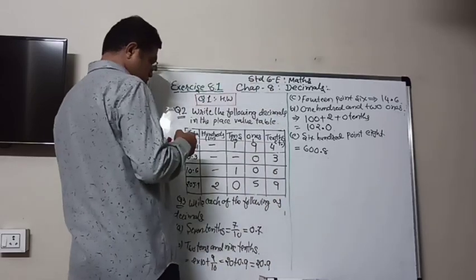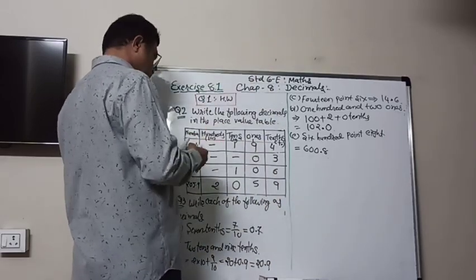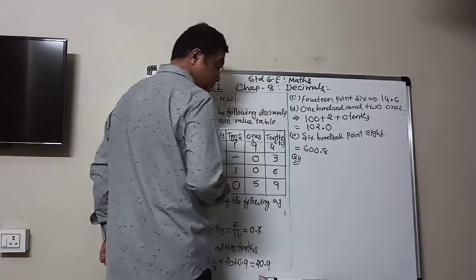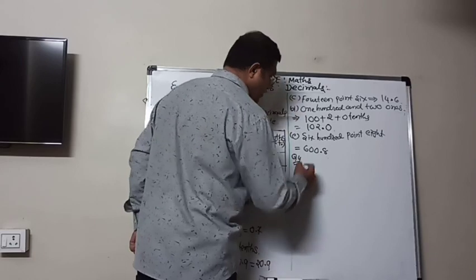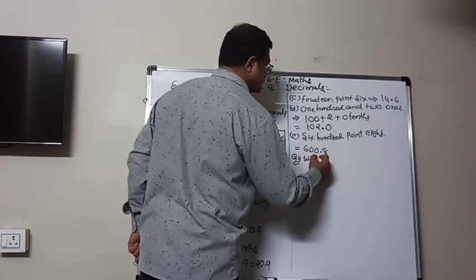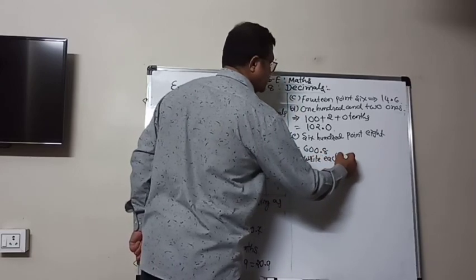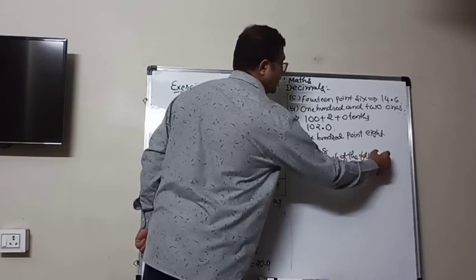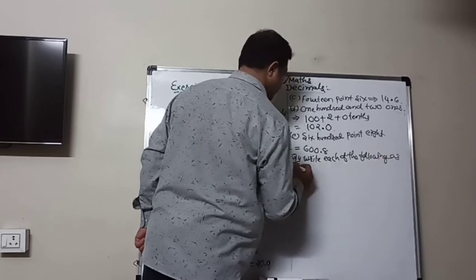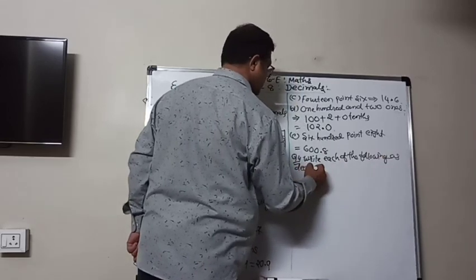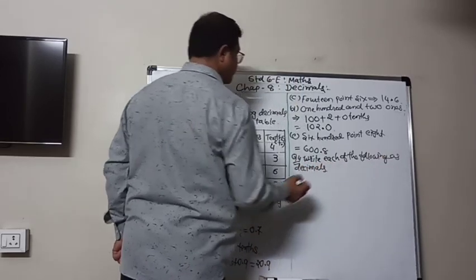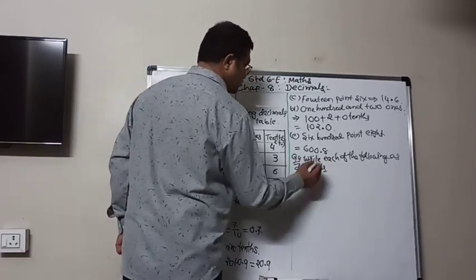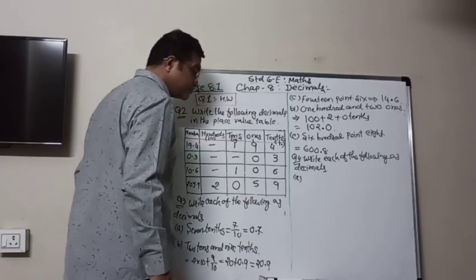So now question number 4. Write each of the following as decimals. Here different forms are given, and we have to write them using decimals.